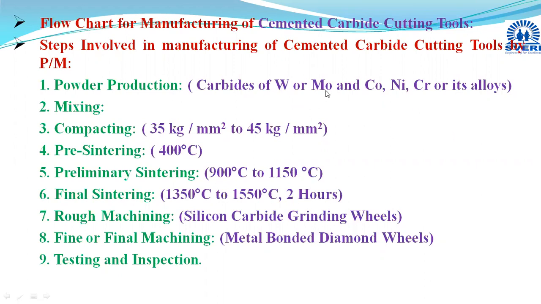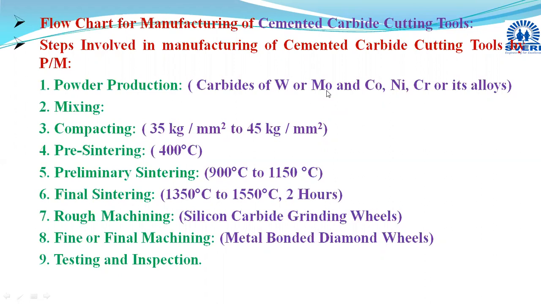From tungsten oxide, tungsten particles are obtained and their respective carbides are formed, and that we are going to use. Molybdenum powder particles are obtained from molybdenum oxide, reduced by a chemical reduction process with the help of hydrogen. Cobalt or chromium powder can also be obtained by reduction of their respective oxides, using carbon or hydrogen.